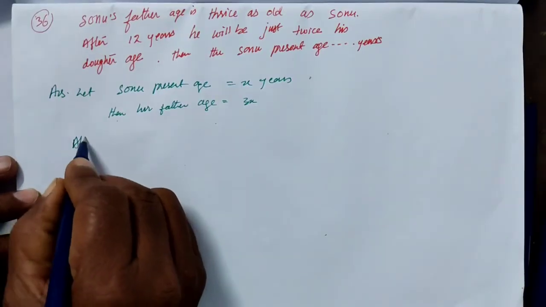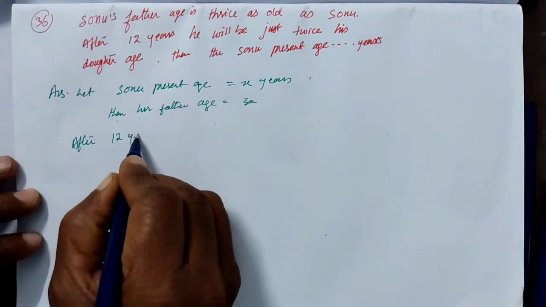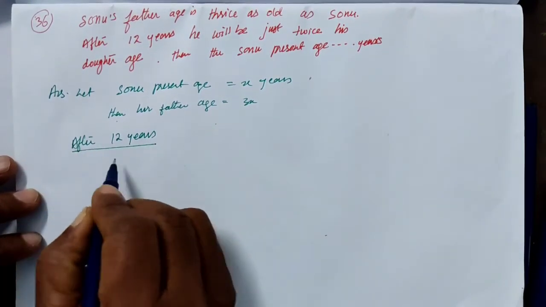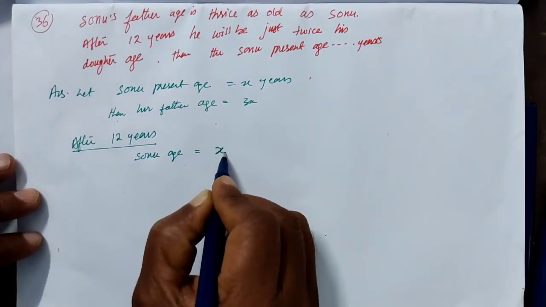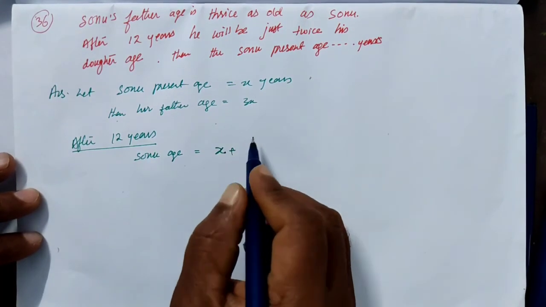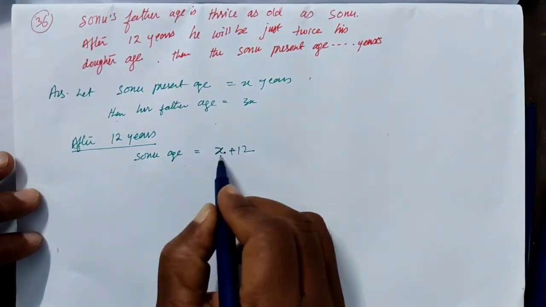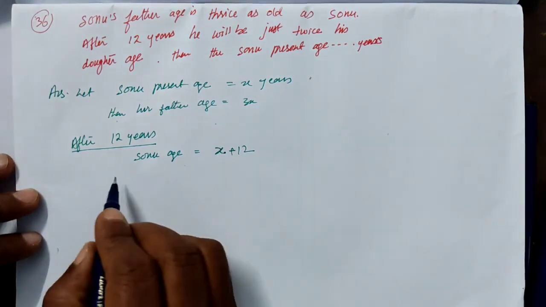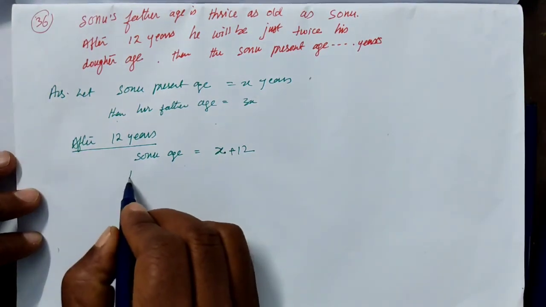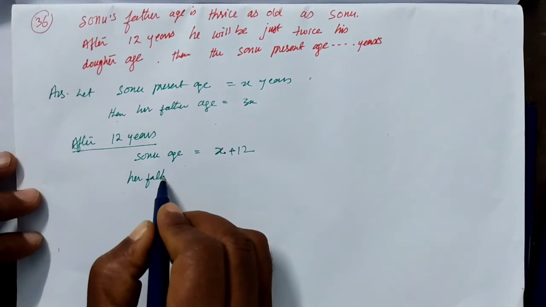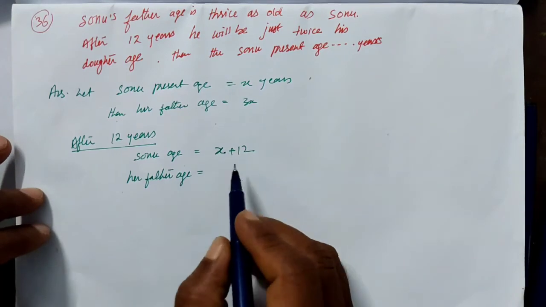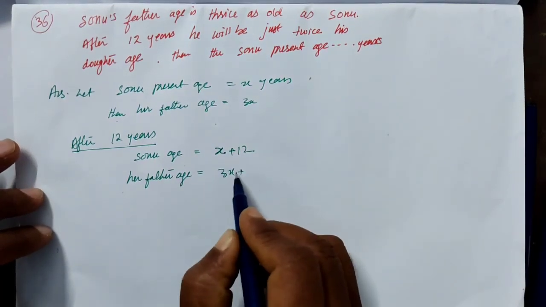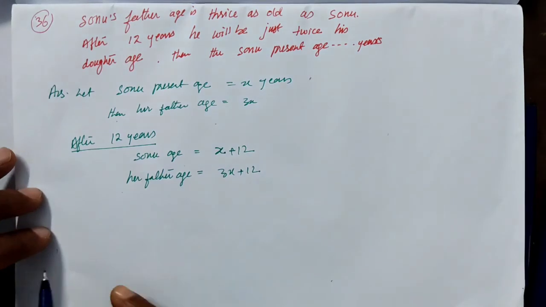So after 12 years, Sonu's present age is x and after 12 years it is x plus 12. Her father's present age is 3x, and after 12 years it is 3x plus 12.